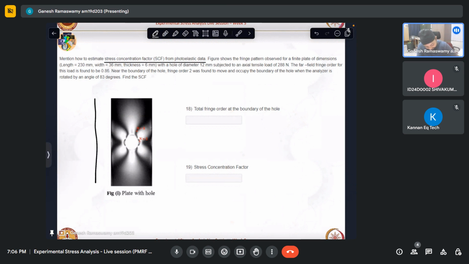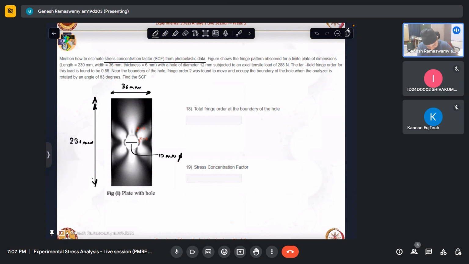Let me take this itself as the length, this itself as the plate, rather than considering it that it's very big. It is actually this size only because this is given to be 36 mm and the whole dia is given to be 12 mm, which seems to be one third of that. So that adds up. This is 12 mm dia and this is 230 mm.